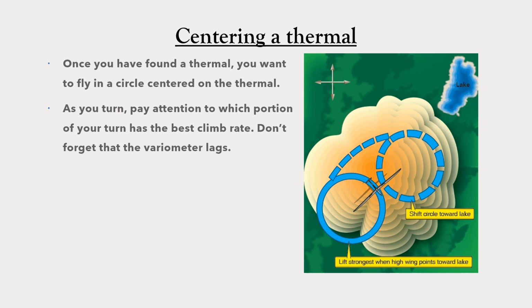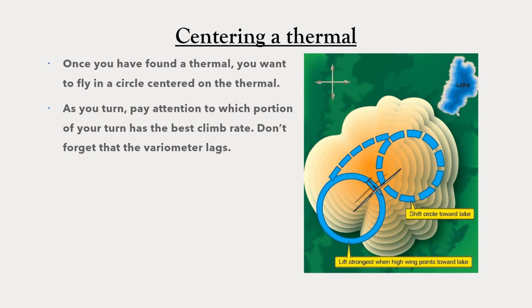They will notice the variometer changing as they fly around that circle. So don't forget that your variometer has lag. Even though your climb rate will be best in the position where the glider is illustrated, the variometer may reach its peak, say, 90 degrees later.